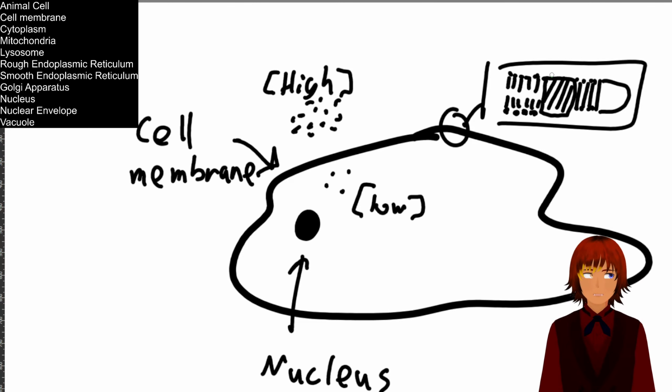With facilitated diffusion, it follows the whole idea where you go from high to low, only this time, if you have a big particle like glucose, the glucose can pass through here, and the transport protein will change shape, allowing it to go from high concentration on the outside to low concentration on the inside.